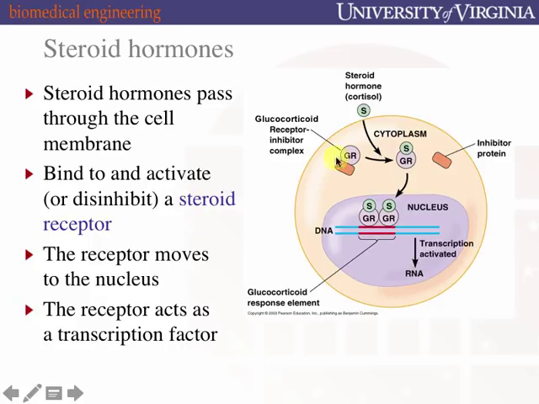These steroid receptors, when they bind to their steroid ligand after it has gone through the plasma membrane, if bound to an inhibitor protein, that inhibitor will dissociate. If it's in a conformation that's ordinarily inactive, they'll undergo a conformational change and become active. And so by virtue of some form of disinhibition, either unbinding of the inhibitor protein or conformational change, now you have an active steroid receptor that will translocate from the cytoplasm into the nucleus.